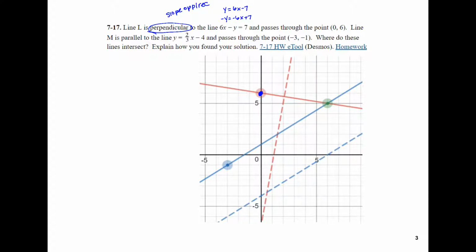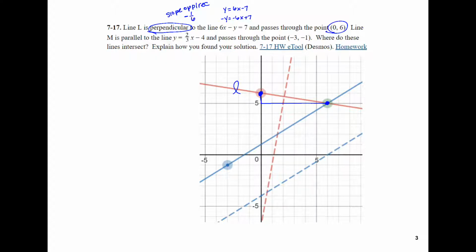So our slope of our given line should be negative 1/6. So from the point that it passes through, 0, 6, if you go down 1 over 6, you can then plot your other point, connect your dots, and we just drew line L.